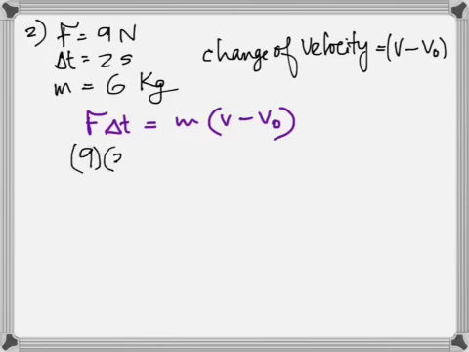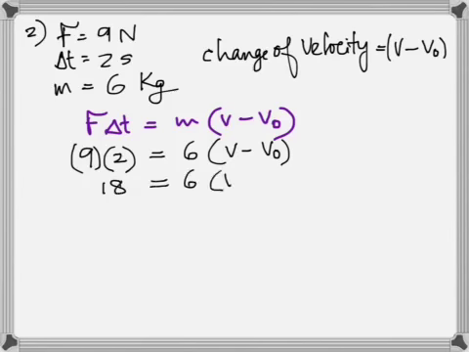So 9 times 2 is equal to 6 times (v minus v naught). So 18 is 6 times (v minus v naught), and we're looking for the change in velocity. It will be 18 divided by 6, that is 3 meters per second.